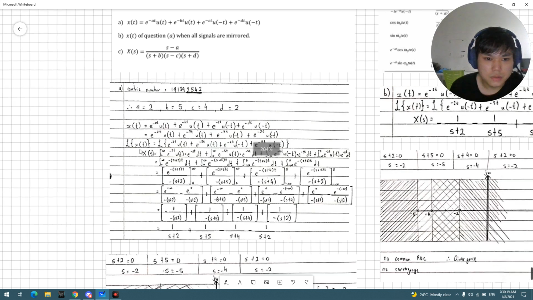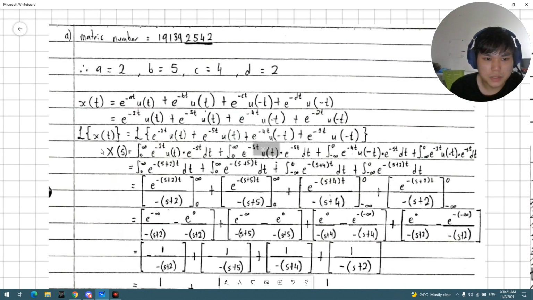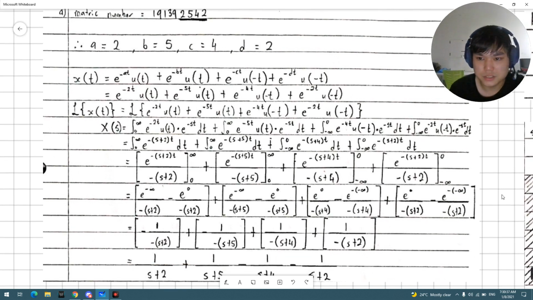Basically, to Laplace it, we multiply the given exponent with the exponent negative st component, and we integrate it. We just do a normal integration calculation here.